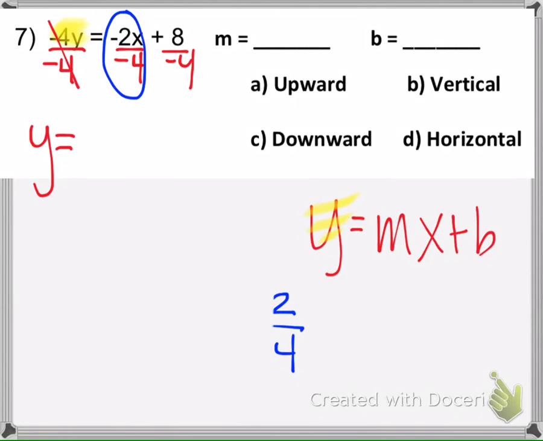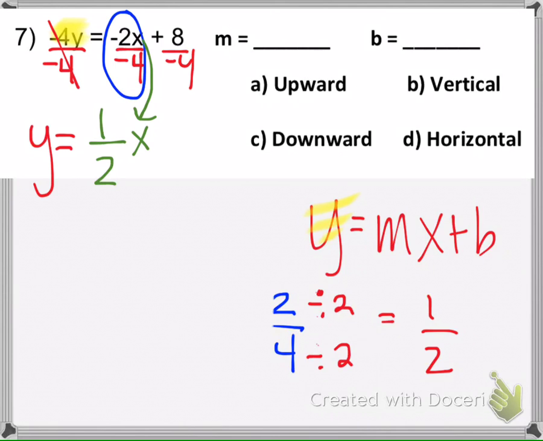And then 4 can't go into 2 evenly, so we're just going to divide out the common factor, which is 2, and we get 1/2. And then we bring down the x. And then here we have 8 divided by -4. So a positive divided by a negative is a negative, and 8 divided by 4 is 2.